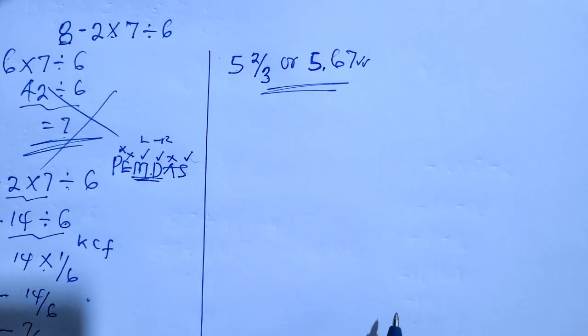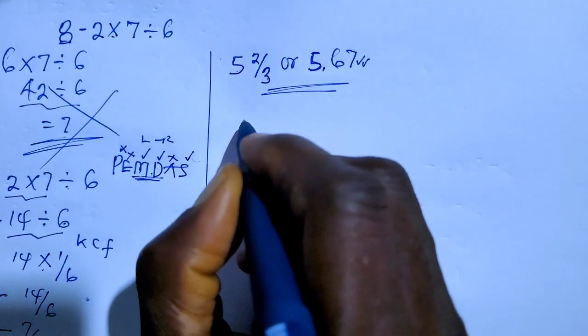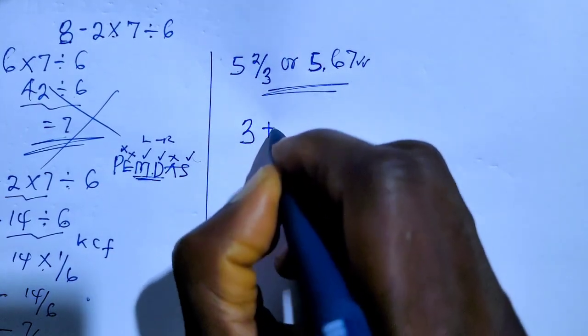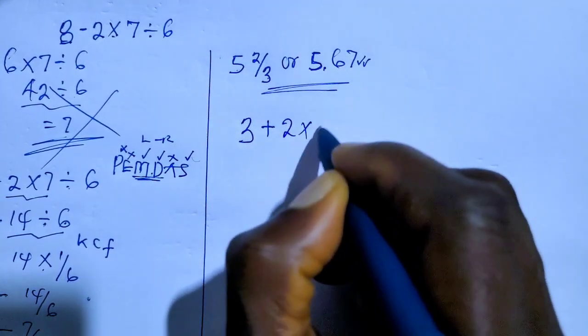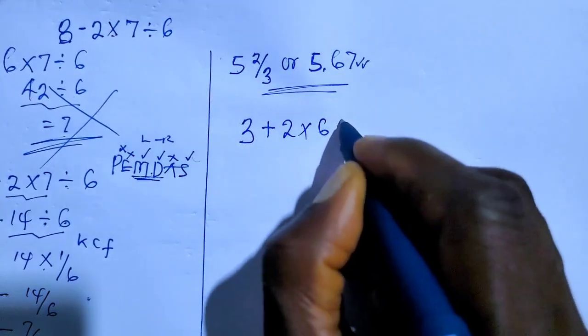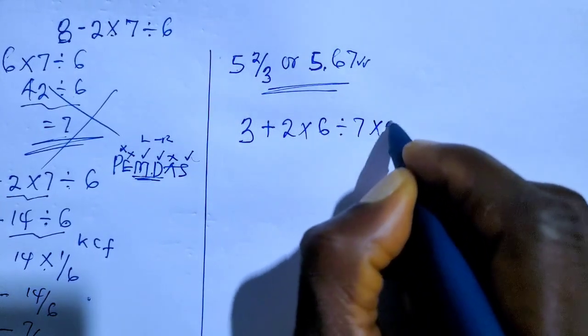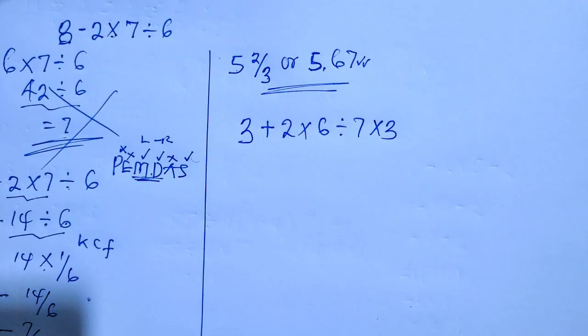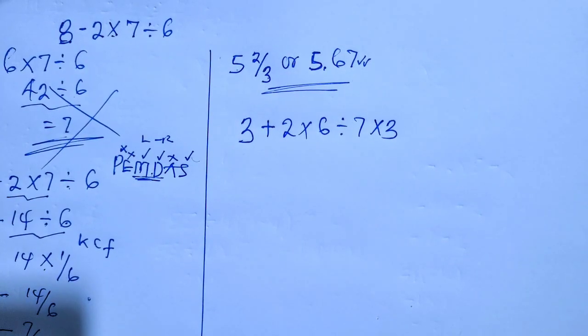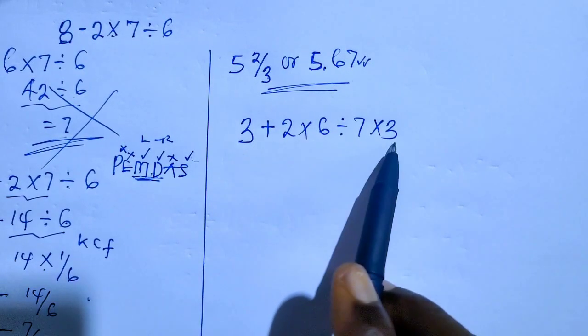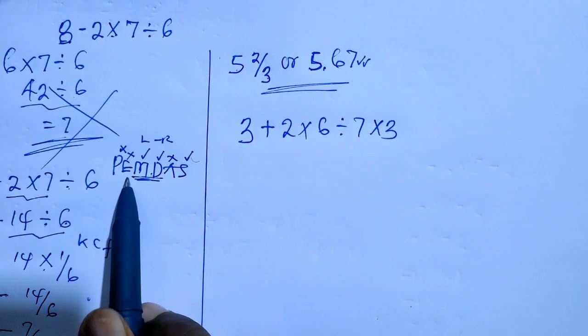Now let us consider this also. What if we have 3 plus 2 multiplied by 6 divided by 7 times 3? What are we going to have here? Right here, we are still going to follow this order of operation PEMDAS.